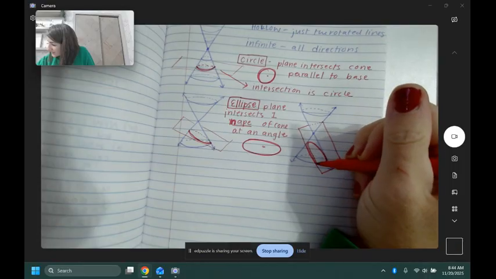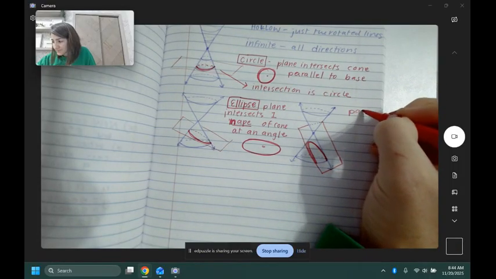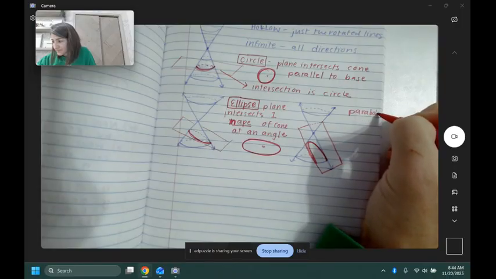And this is actually the exact shape of a parabola.